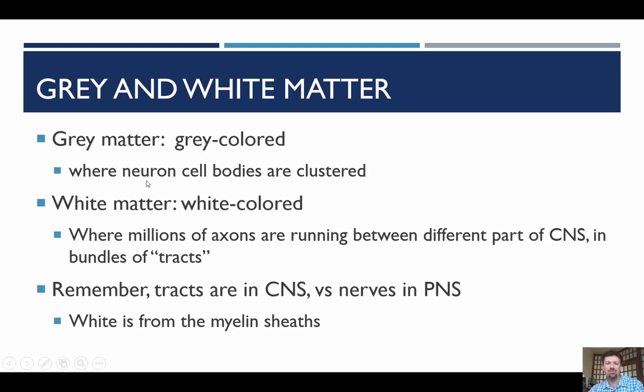Now, gray matter is where the cell bodies of neurons are clustered, whereas white matter is where the axons of the neurons run between different parts of the central nervous system in tracts or bundles. Okay. In the CNS, we talk about tracts. In the peripheral nervous system, when axons cluster together, we call them nerves. And the reason they look white is because the myelin sheath gives it a white appearance.